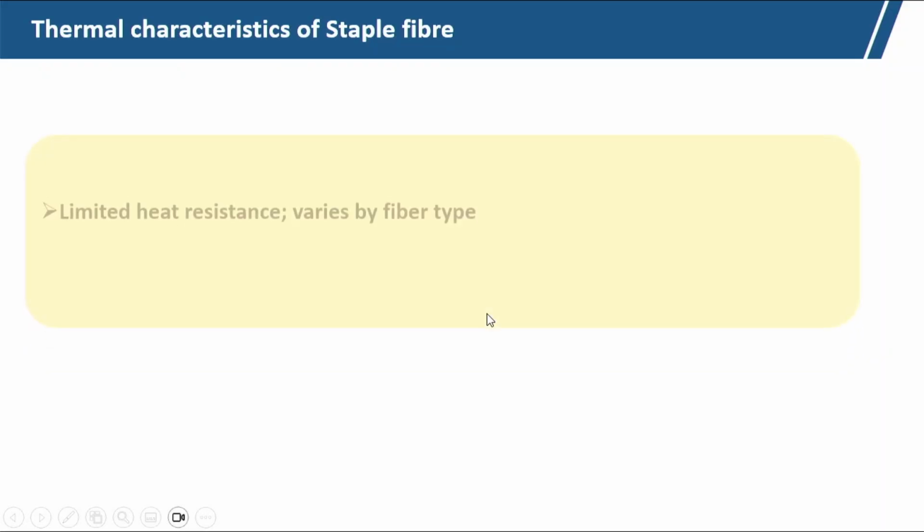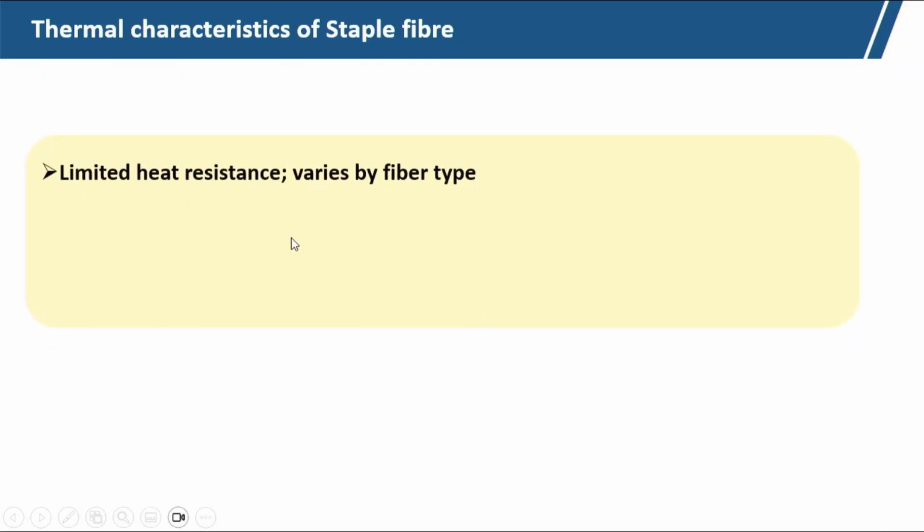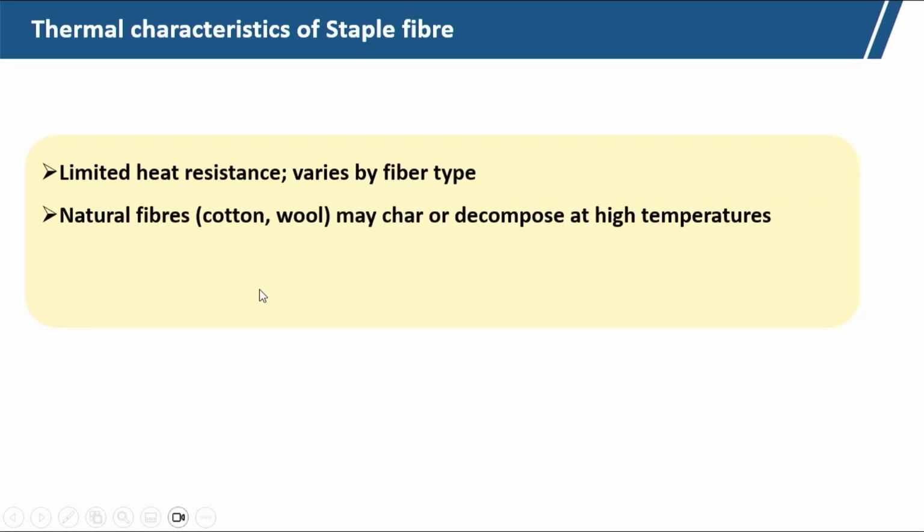Now, thermal characteristics: limited heat resistance that varies by fiber type, like cotton will have different thermal resistance than wool. Depending on the chemical structure, natural fibers like wool and cotton may char or decompose at high temperature.